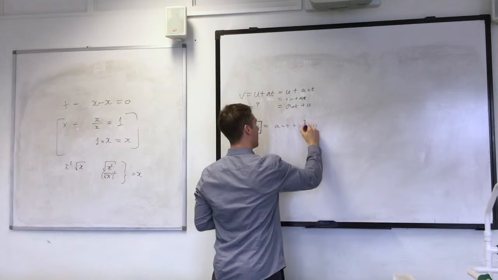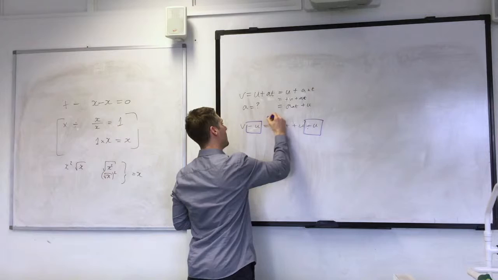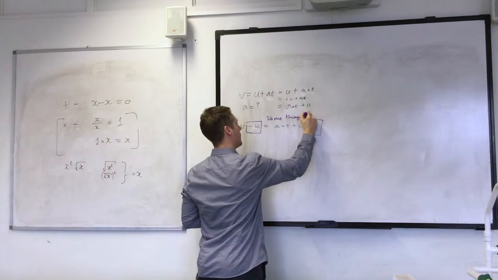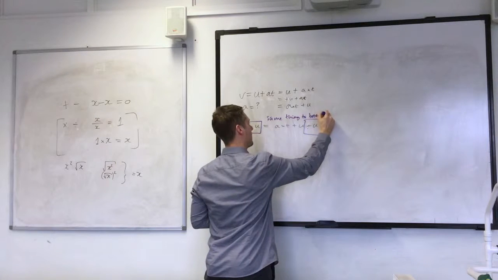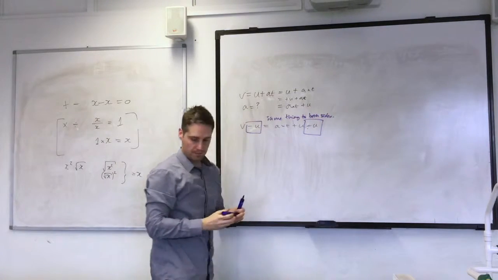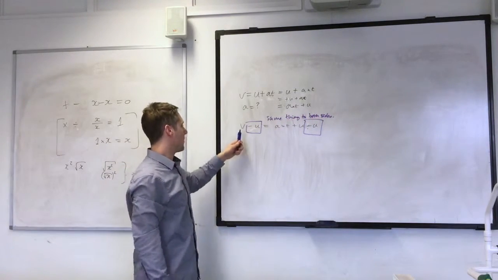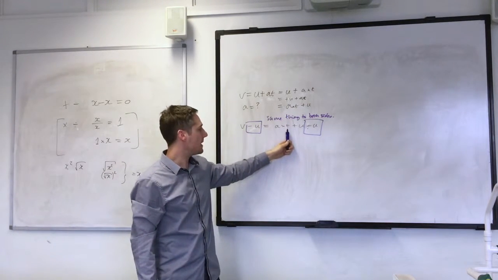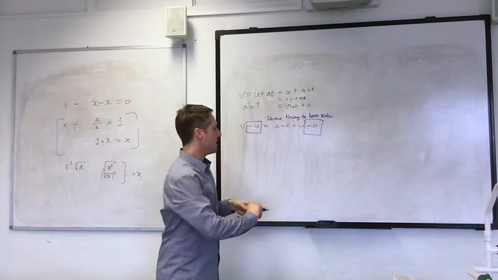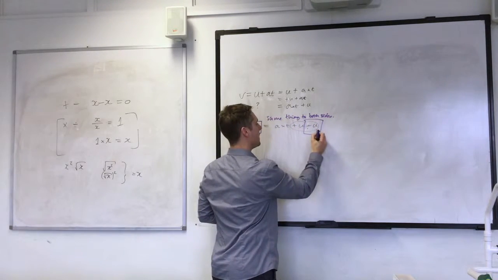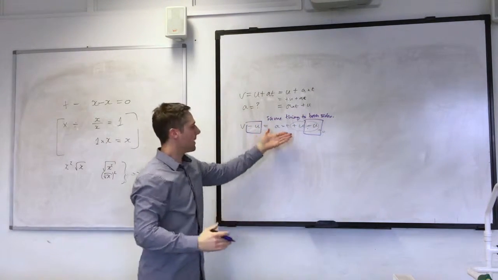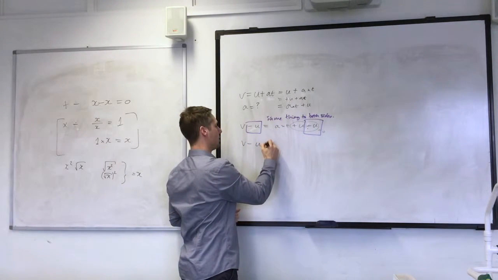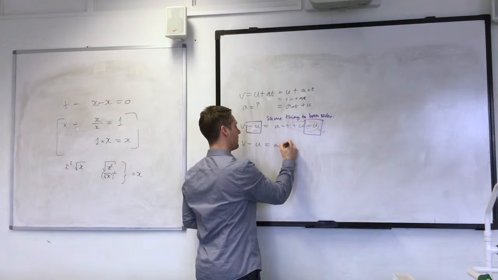So what I'm left with here is v minus u, and then I have a times t plus u minus u. These two here equal 0, so they cancel out of this side of the equation. So I have now v minus u equals a times t.